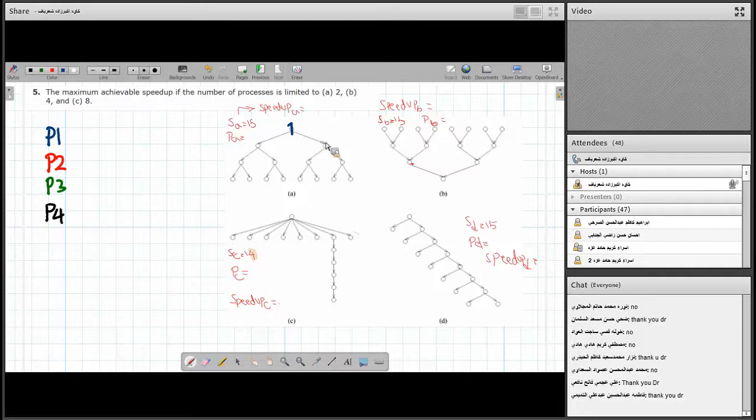In the first time step, 1, 1. In the second time step, 2, 2. In the third time step, 3, 3. Now we can execute these two processes at the same time with these two processes.